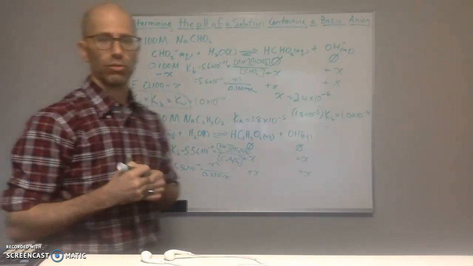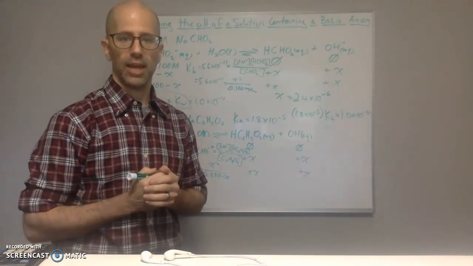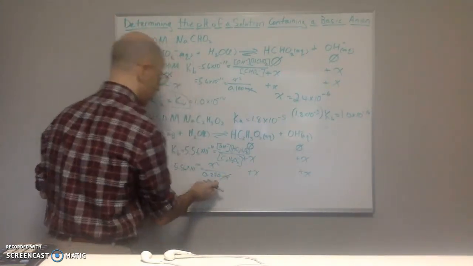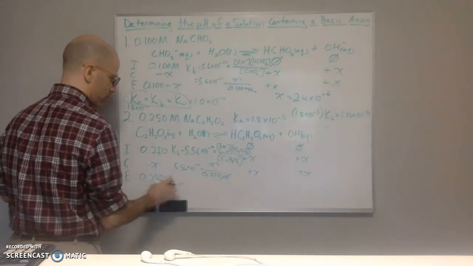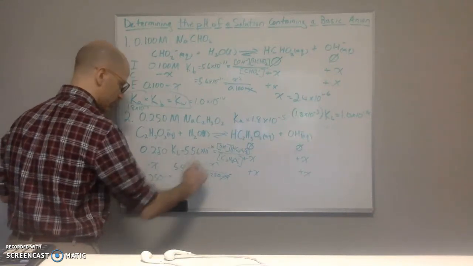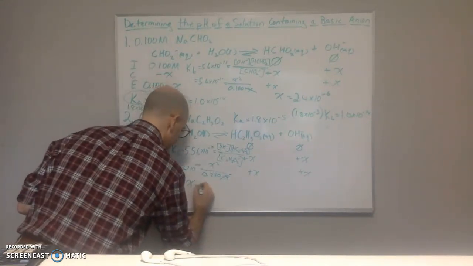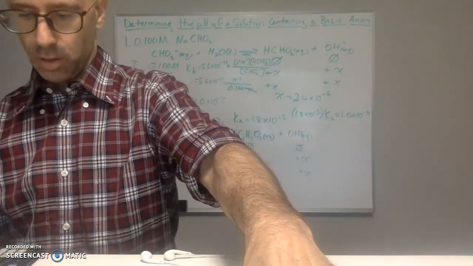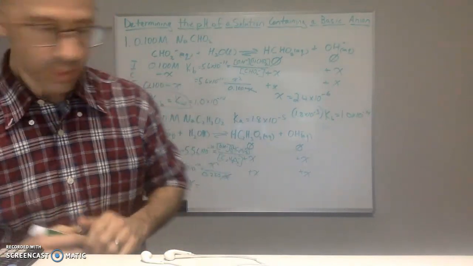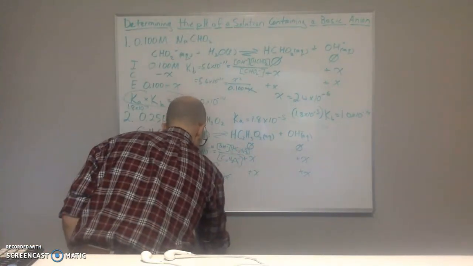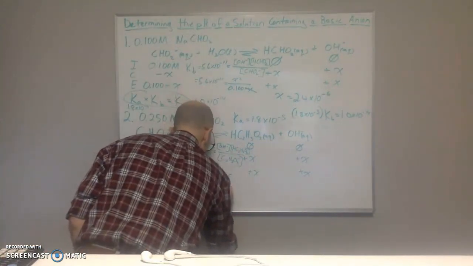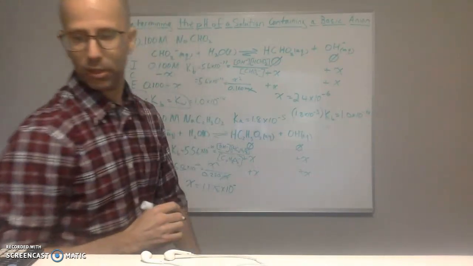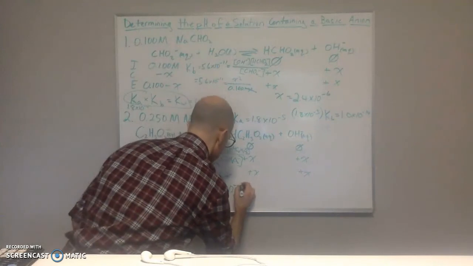And then we can do the x is too small approximation, so we'll get rid of x. Multiply both sides by 0.250, square root each side, and then you get x is equal to 1.178 times 10 to the negative 5.